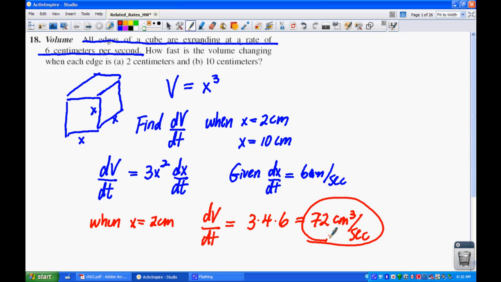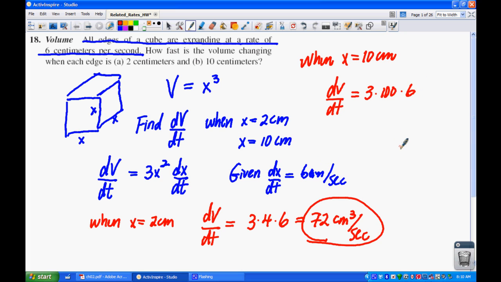Then you repeat the same thing to find part b, when x equals 10 centimeters. You do your substitution. Instead of using 2 for x, you're simply using 10. So you're going to end up with 3 times 10 squared, which is 100, times 6, which is fixed all the time.